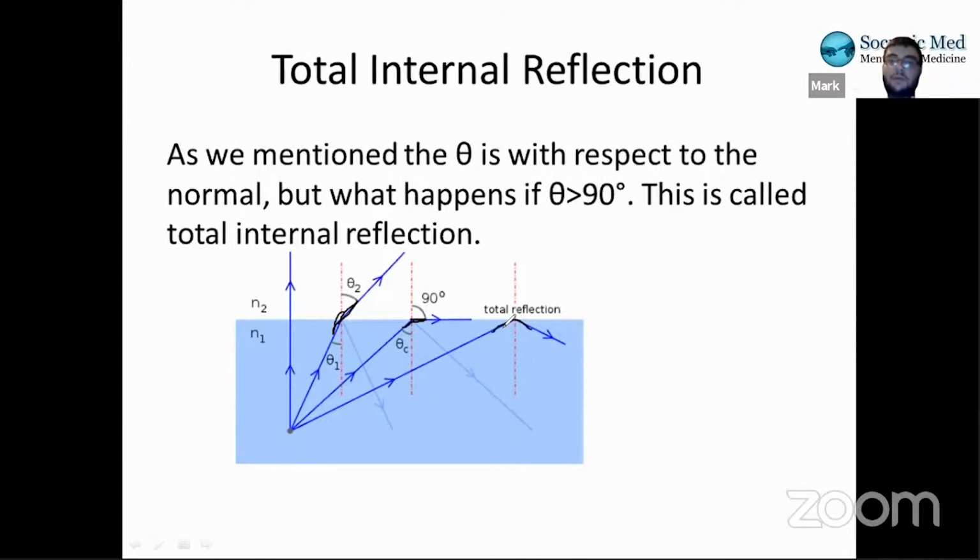So if you have an angle of 30, it would decrease. It can't increase past 90. Whereas when you're going from a higher index like water to air, the angle can always increase. So it goes from, say, 70 to 90 or from 80 to 95 or something like that. And that's when you get total internal reflection. It can only happen when you're going from a higher index substance to a lower index substance like water to air or glass to air or something like that.